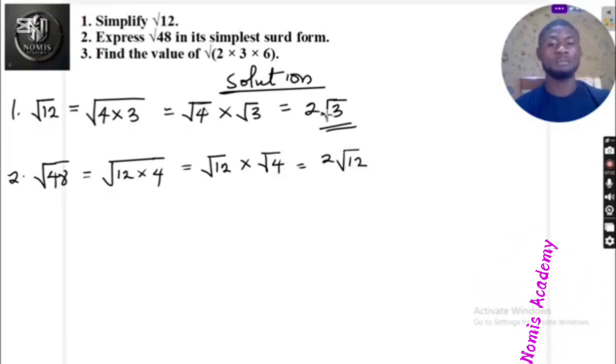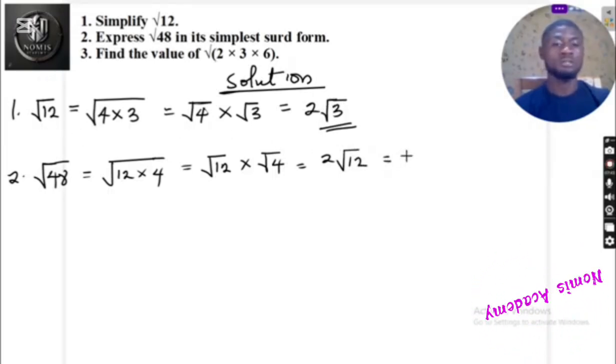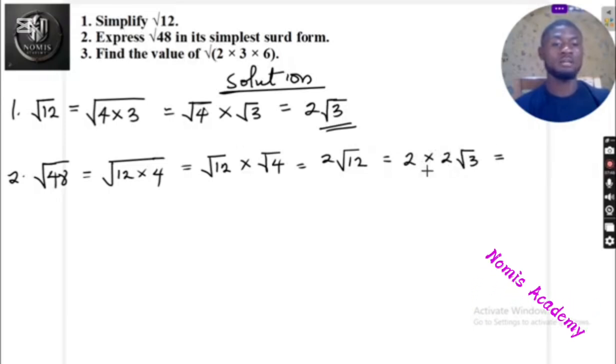This can still be simplified, meaning that I can still make root 12 to be 2 root 3. So through these processes, this will become 2 multiplied by 2 root 3. The final answer is 2 times 2, 4, and then root 3. So our final answer is 4 root 3.